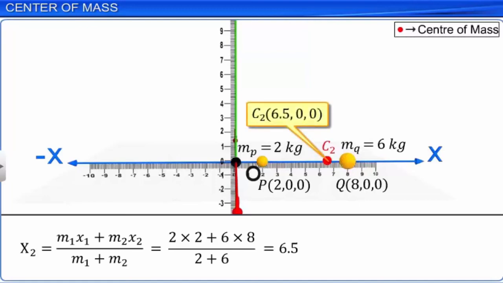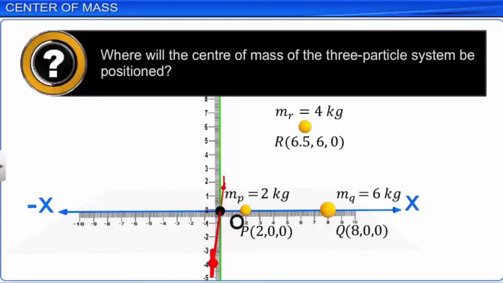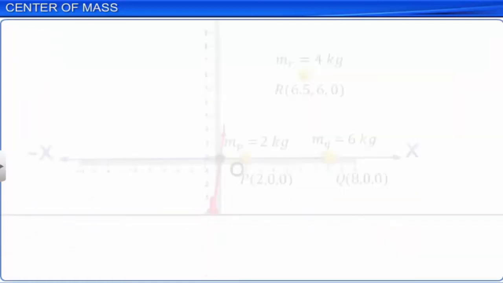If we place one more particle of mass 4 kg at point R, (6.5, 6, 0), where will the center of mass of the three-particle system be positioned? The given set of particles are on the xy plane, and hence the center of mass also lies on the xy plane.